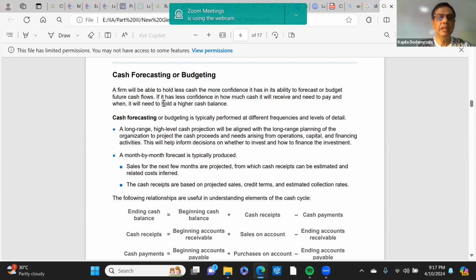So if the company is more confident that it has the ability to forecast the cash flows for the future, then it will probably hold less cash. If it has less confidence in how much cash it will receive and need to pay, and when, then it will need to hold a higher cash balance, right?